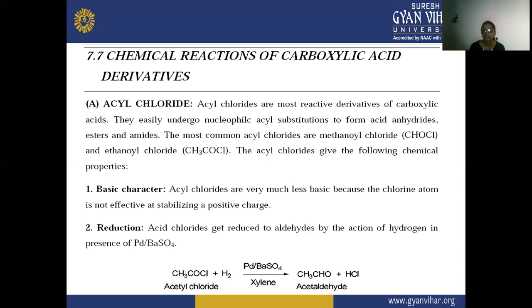So the acyl chlorides are the most reactive of the carboxylic acid derivatives, and they usually undergo nucleophilic acyl substitution reactions to form acid anhydride, esters, and amides. The most common acyl chlorides are methanoyl chloride, with the formula HCOCl, and ethanoyl chloride, with the formula CH3COCl, and the acyl chloride gives the following chemical reactions.